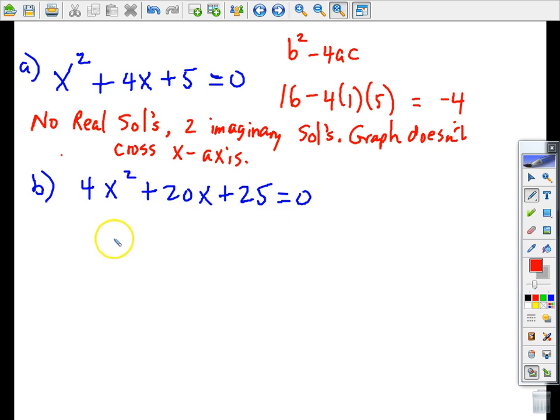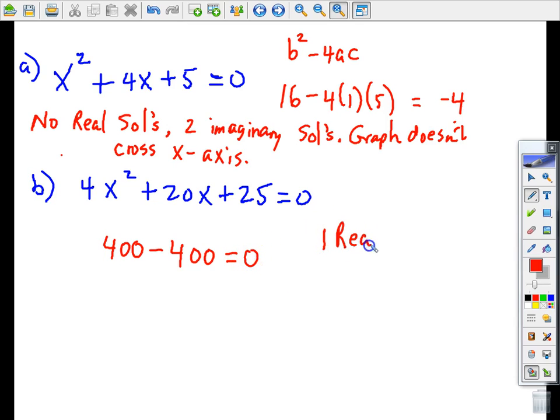Okay, Brianna, what about letter B? It'd be 20 squared minus 4 times 4 times 25. Okay, she said 20 squared, which is 400, minus 4 times 4 times 25, which is also 400. So, evaluating the discriminant, we get 0. So how many solutions and what kind?